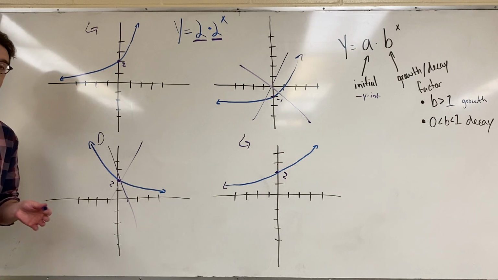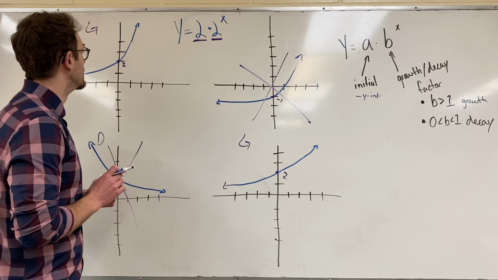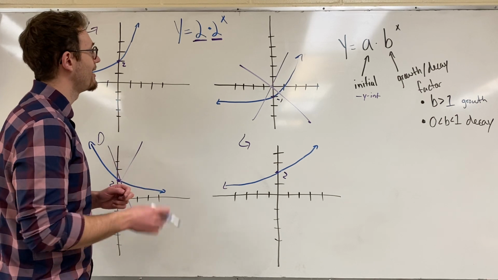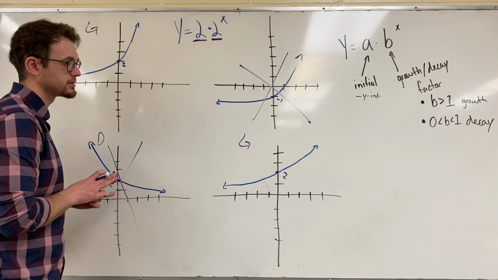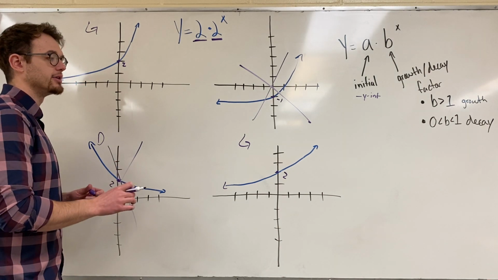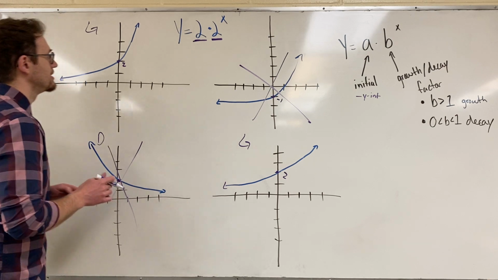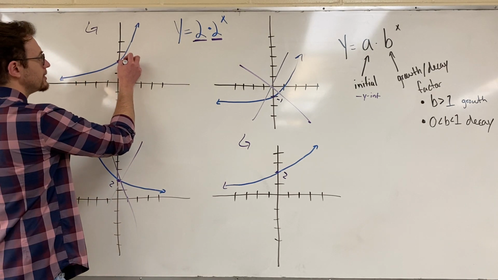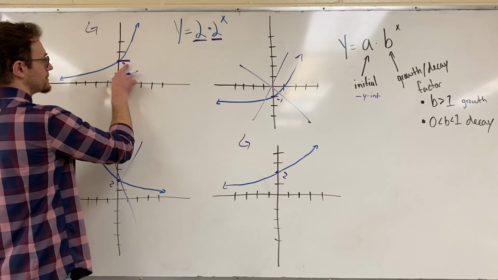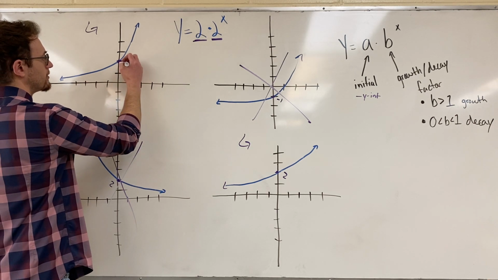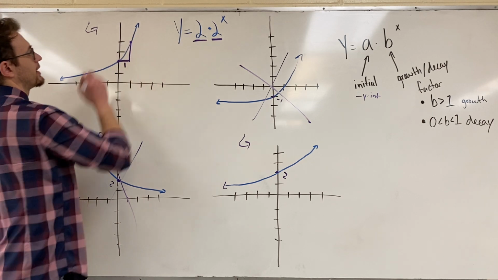Now this little bit I did not get into in the last video. How do you decide out of these 2 which one it is? There's a real easy trick, and the easy trick is if you go over 1 unit, and then if you go up, find out what that new number is.